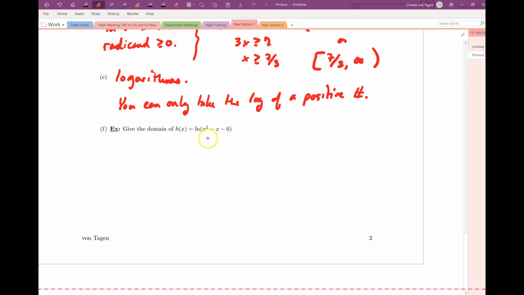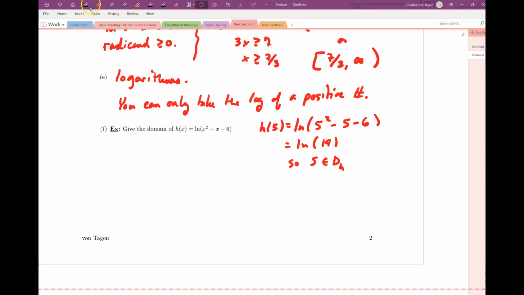So for example, I know that if I plugged in, say, 5 for x, if I found h of 5, this would be the natural log of 5 squared minus 5 minus 6, which is the natural log of 25 minus 11, which is 14, and I can take the natural log of 14, so 5 is in the domain of our function h. Okay, so 5 is certainly a number that will work.